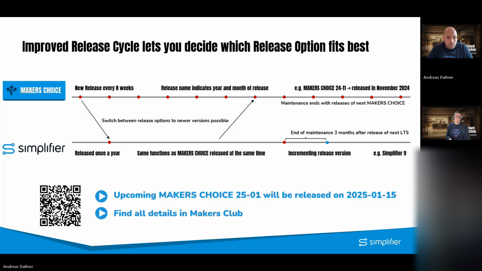But the difference is that when you choose to go with the LTS, you are able to stay on this release for 1 year until the next LTS release is released, and we guarantee support with quality updates during that time. Of course, you don't get any feature updates when you're on the LTS track. So yeah, you have to think about which track is best suited for your use cases, or for your context.